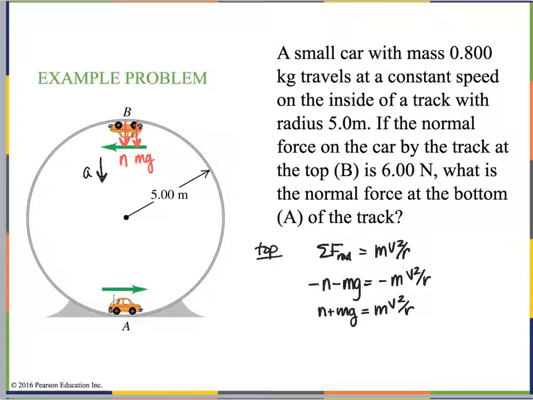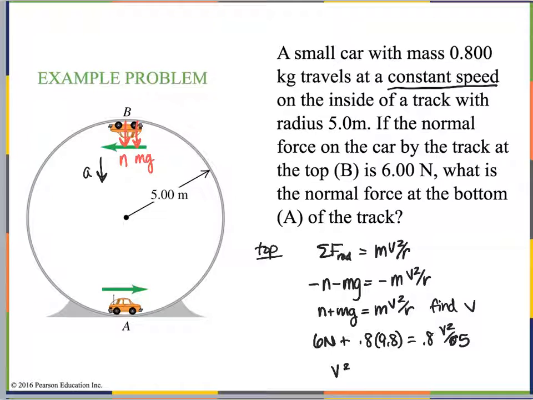And so basically, we're told that this car travels at a constant speed, and the information that they've given us will allow us to find V at the top, because it's going to be the same as the speed at the bottom, because I know the normal force is 6 newtons. And then I have the 0.8 kilograms times 9.8 equals 0.8 V squared over R. R is 5 meters.